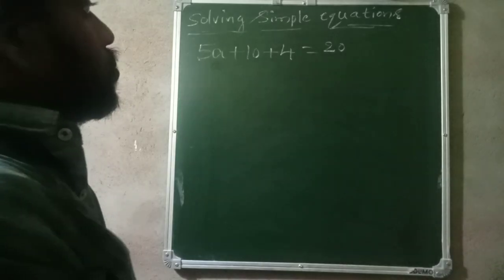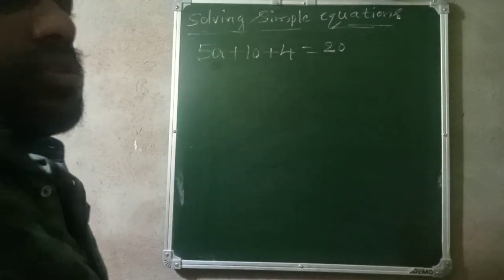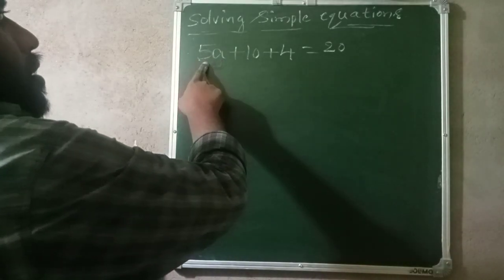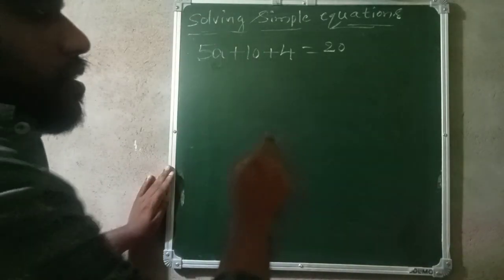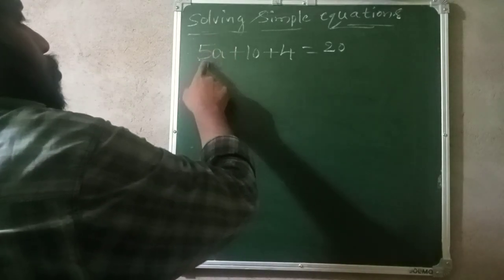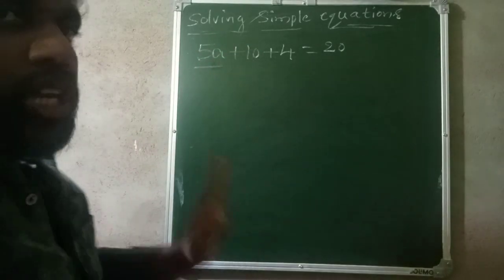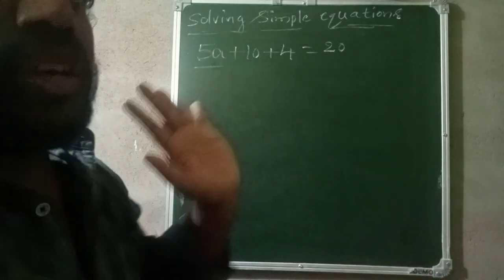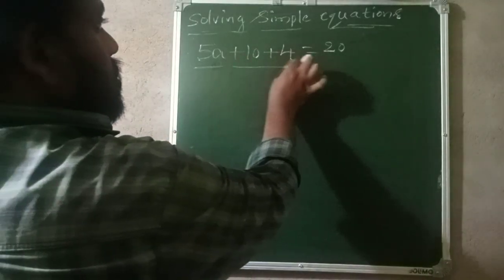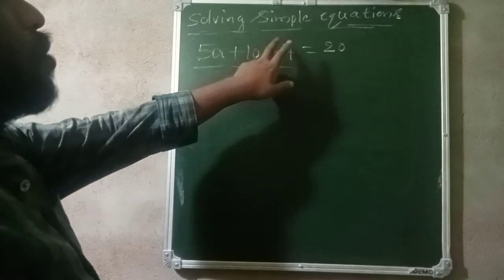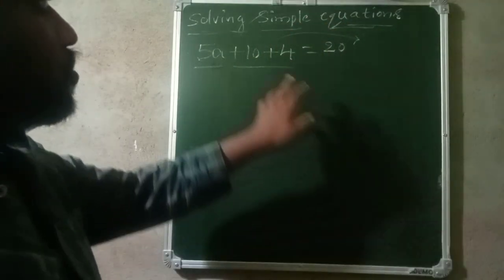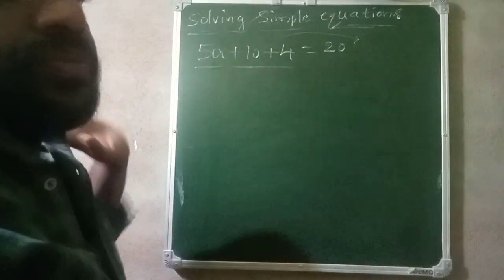So first, along with A, whatever is there, you have to keep on one side. Along with A we have 5, so you have to keep 5A on one side. The remaining you have to move to the other side.